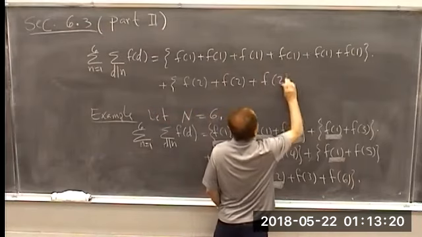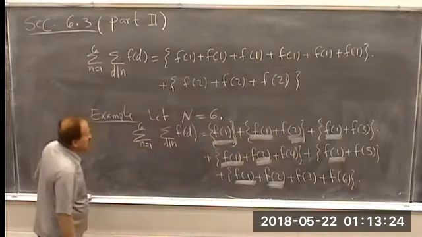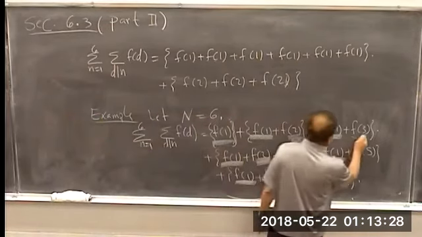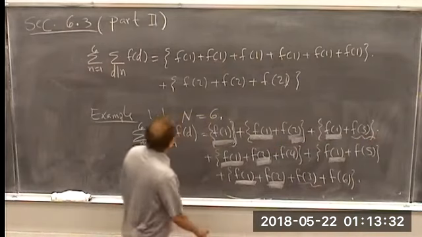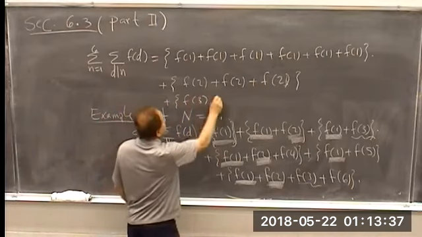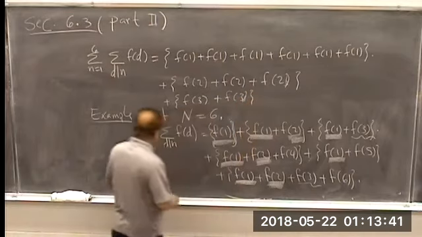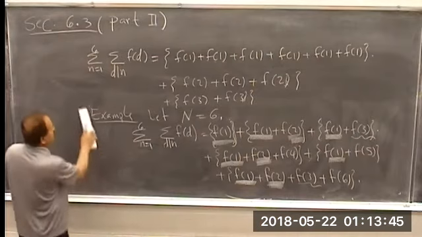And I'm separating these. We're going to put each one on its own line. Then f of 3, there are 2 of them. There is this f of 3 in here, and another f of 3 comes from the 6. So we have 2 f of 3s. For f of 4, we only have 1, f of 5, 1, and f of 6, 1.